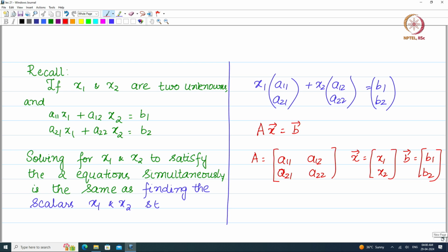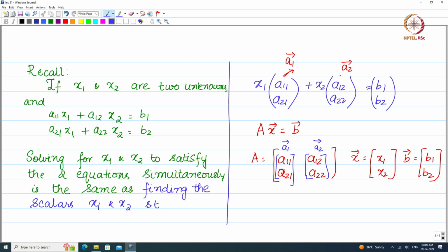Let us call this vector the A1 vector and this vector the A2 vector, where the A1 vector corresponds to the first column of the matrix A and the A2 vector to the second column.